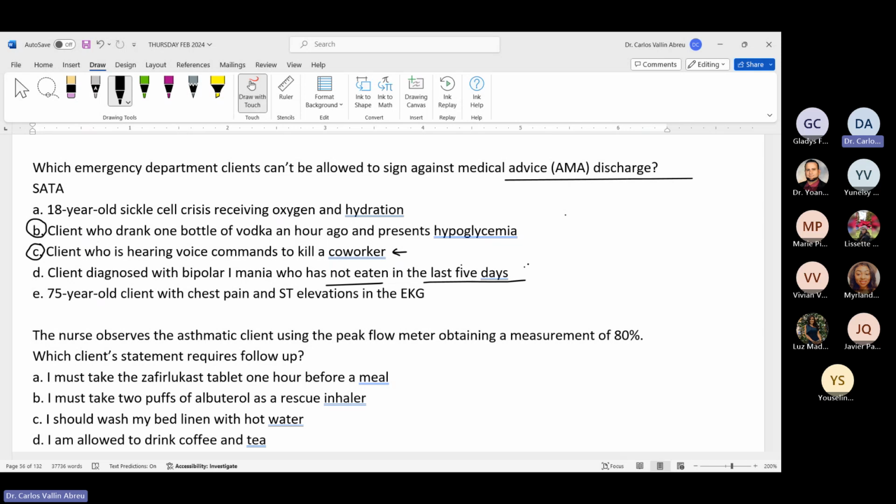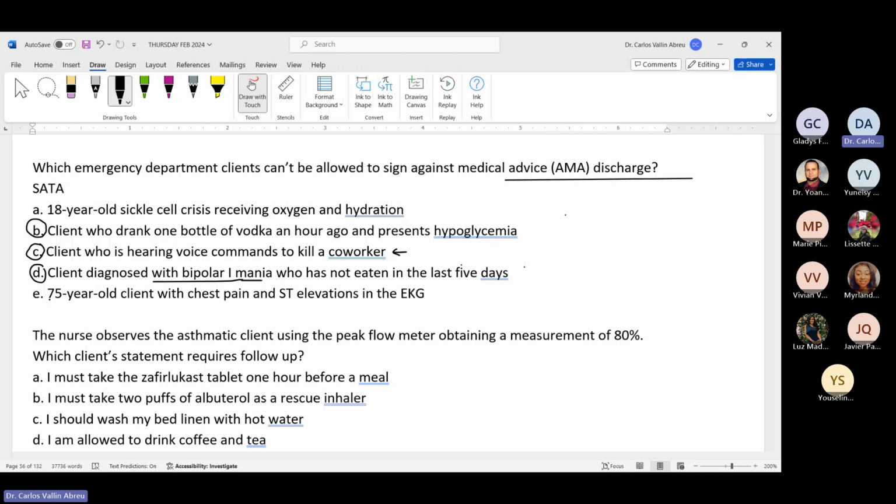This client is a risk for him or herself, and is starving, and for that reason is with a psychosis, and the psychosis is decompensated, so is not in his or her capacities to leave against medical advice. A decompensated psychosis in this scenario cannot leave against medical advice. It's not in his or her mental capacity.